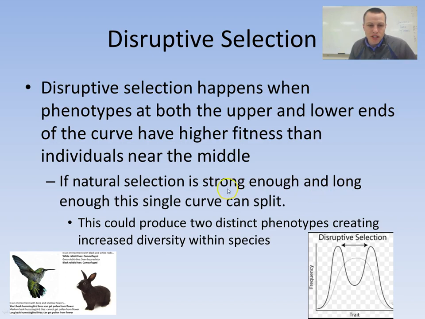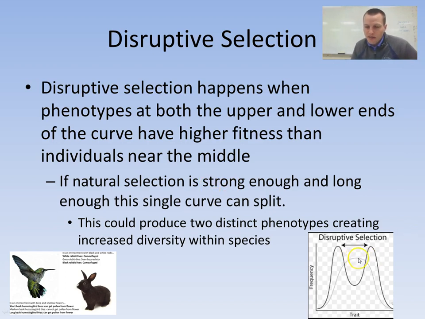Okay, and then the last one here is disruptive selection of polygenic traits. Disruptive selection happens when phenotypes at both the upper and lower ends of the curve have higher fitness than individuals near the middle. So if natural selection is strong enough for a long enough time, the single curve can split.